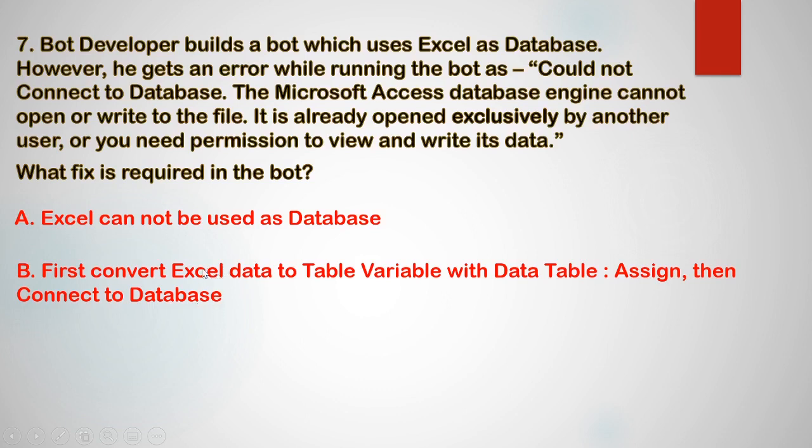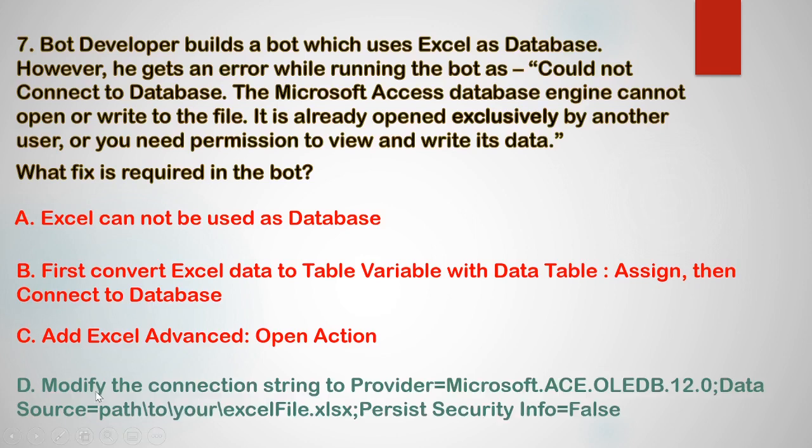We do not need to convert Excel data to a table variable to connect to it as a database. The next option is add the open action from the Excel advanced package. We don't need to open the Excel while using it as a database, so this one is also incorrect, which leaves us with the last option, which is the correct one. We'll have to modify the connection string as shown in the connect action of the database package. So option D is the correct one.